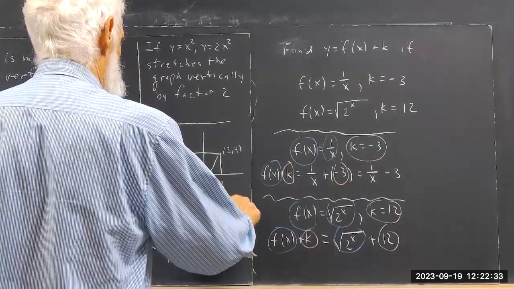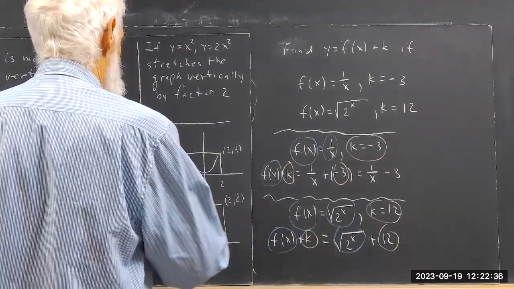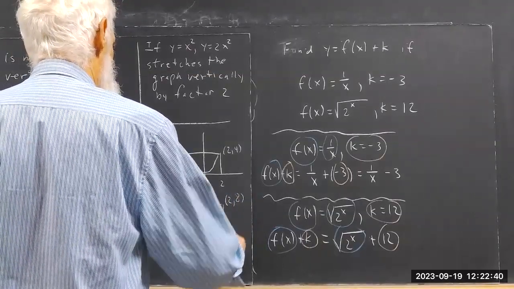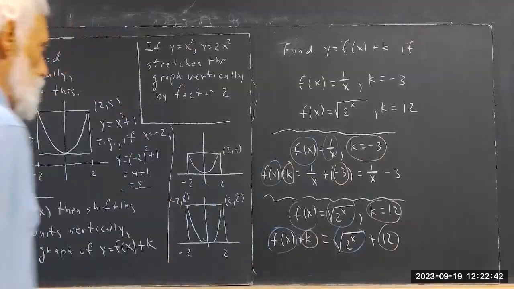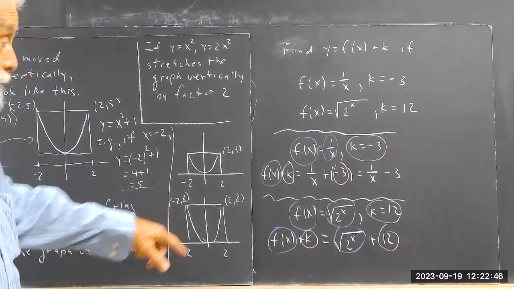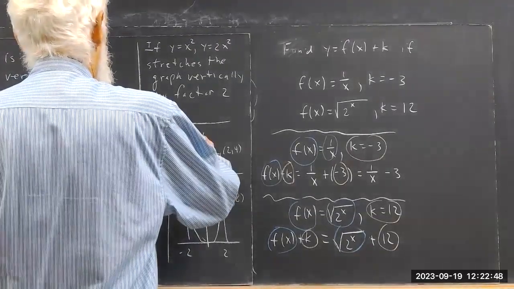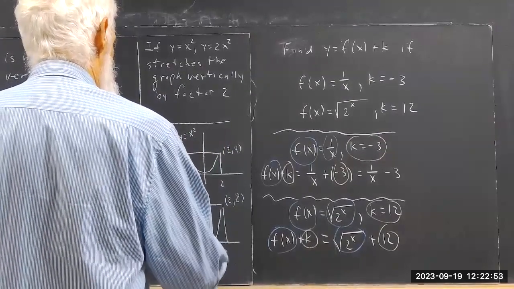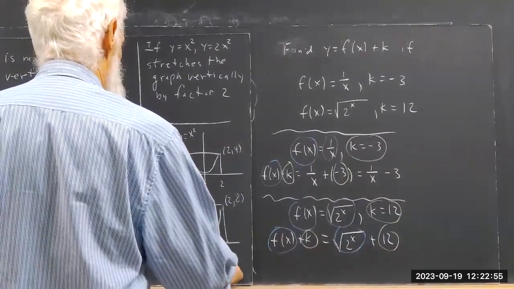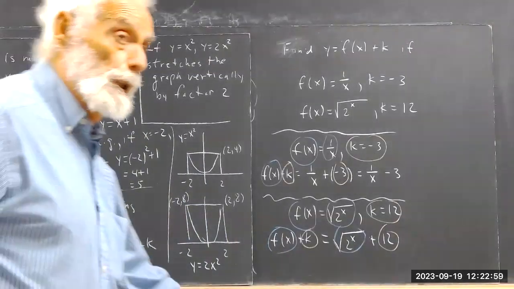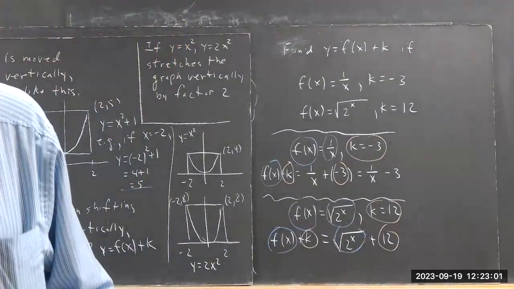And this point then becomes 2/8 and negative 2/8. We sketch our parabola within this. If this is y equals x squared, and it is, this is y equals 2x squared.